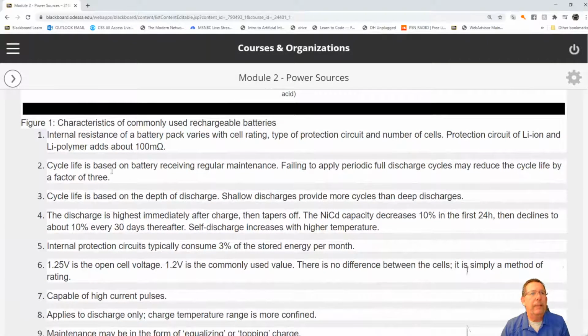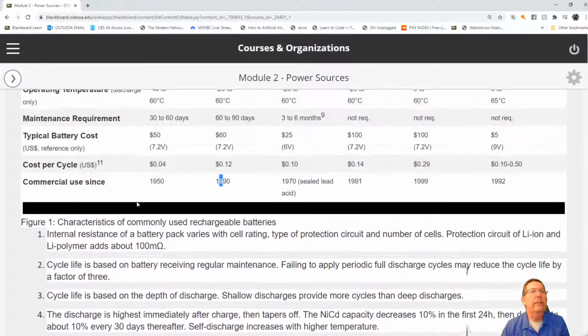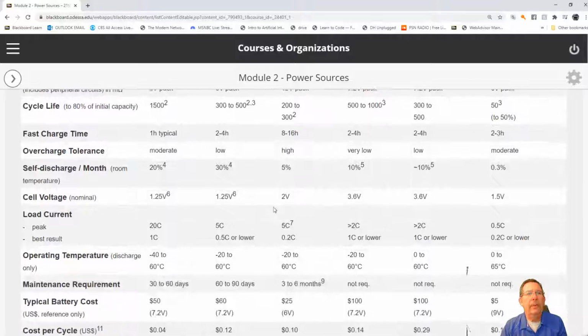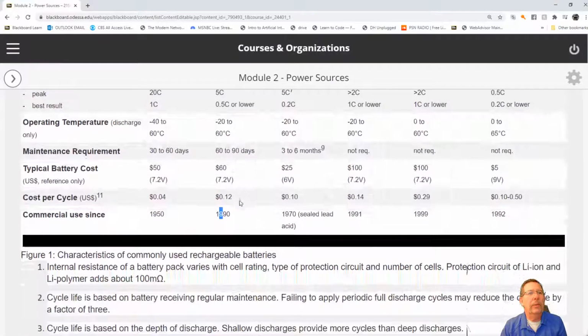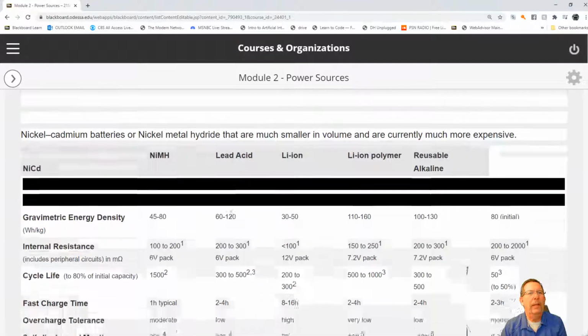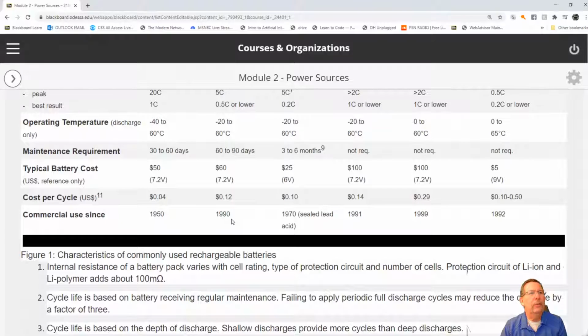The cycle based on the battery receiving regular maintenance, that was number 2. Where's the 2s at? Yeah, see, those are the footnotes up in here. Those little numbers. I wish they had a footnote on this one because I think that's wrong. I'm not understanding why lead acid was commercial use since, I bet that's 1890.